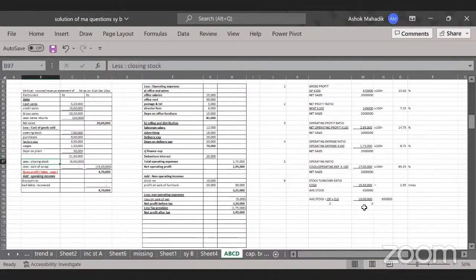So add these two divided by 2. So we get 6,50,000. So COGS upon 650, you get the answer in times, number of times. Higher the ratio, better it is. Okay. So how many times you could sell your average stock is indicated by this figure, 2.35 times. So you now sold your stock 2.35 times. Higher the better. Okay.